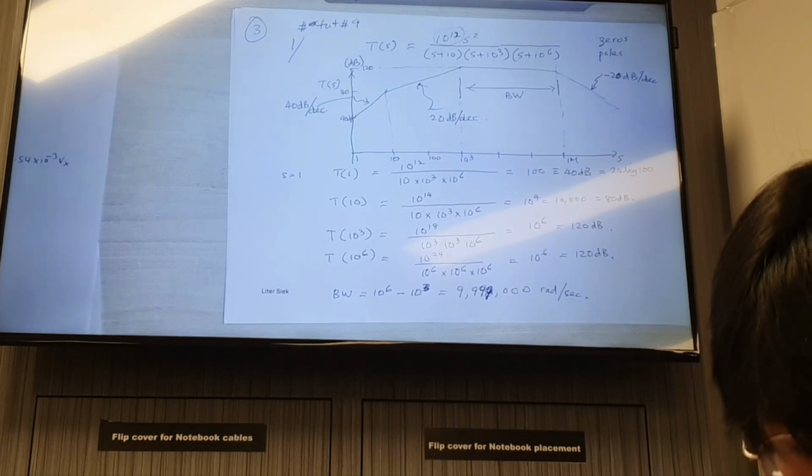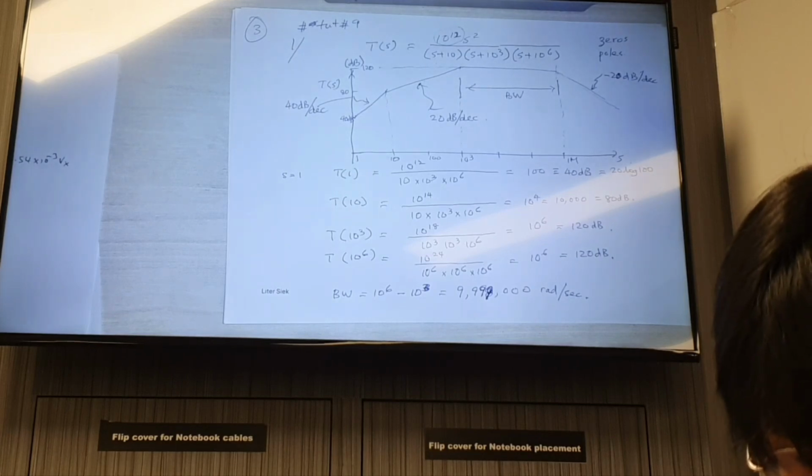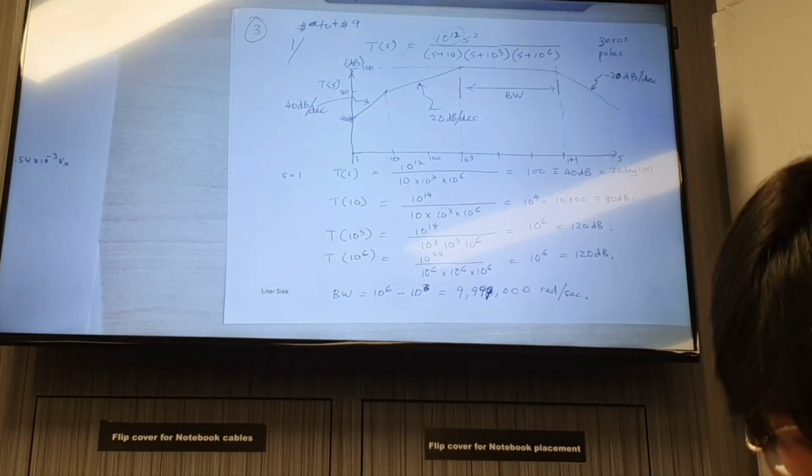So when we talk about bandwidth, remember when we did op-amp, we look at the 3 dB roll-off frequency, remember? So that is at 3 dB. Why 3 dB? Because that's where it becomes 1 over root 2.